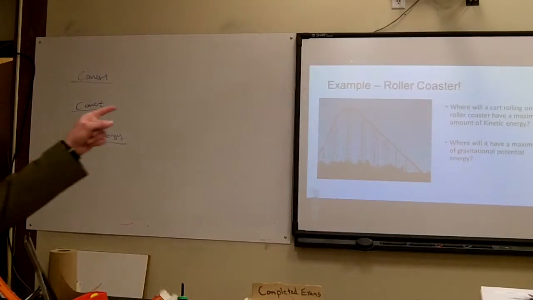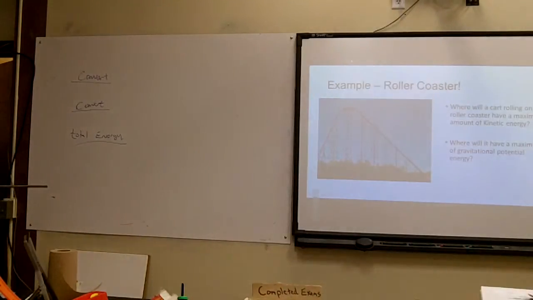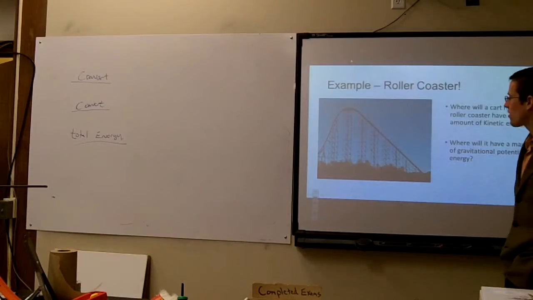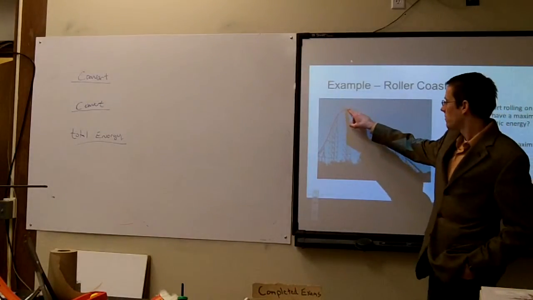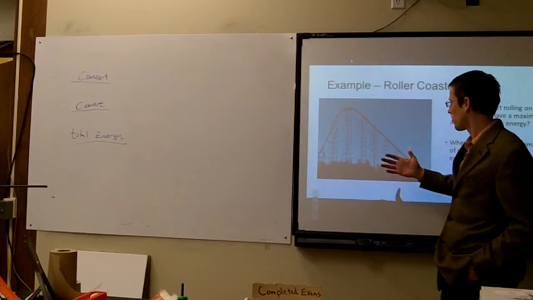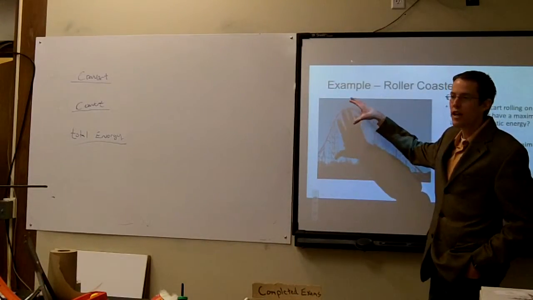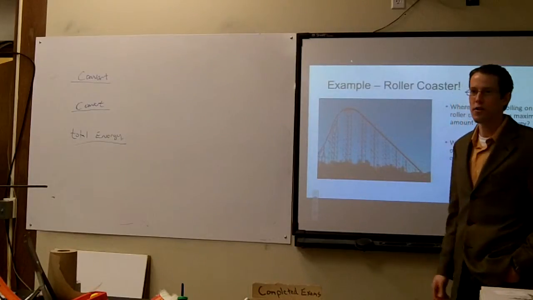Roller coasters. We have a roller coaster that looks like this, which, if you take physics, we go to Six Flags and study roller coasters, and then we ride them, because that's part of studying them. If you're up here, I think this looks similar to the Raging Bull. I don't know what roller coaster this is. Where does this thing have maximum gravitational potential?